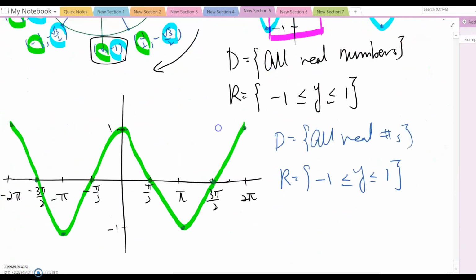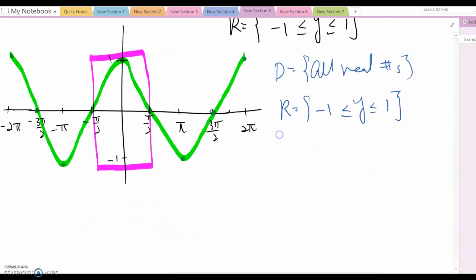But this time, if we choose that, what happens? When you switch and choose that, the graph looks somehow like this, right? So it's not a function basically.